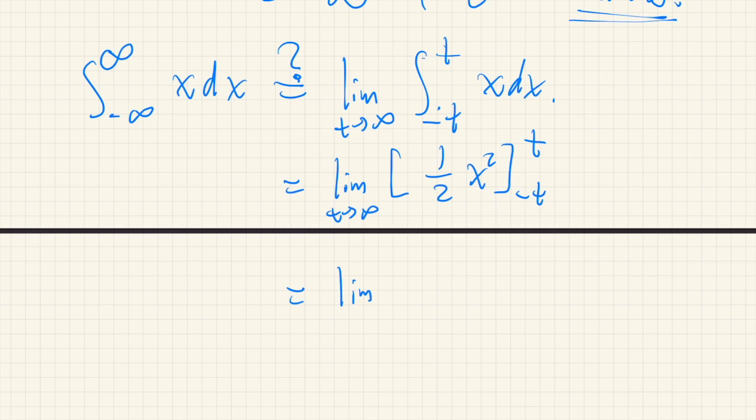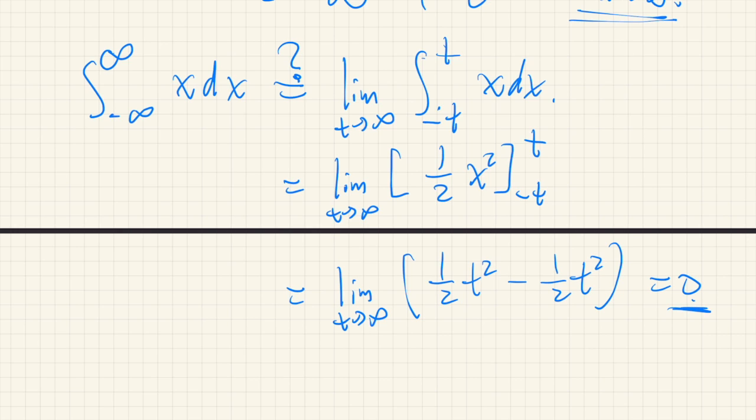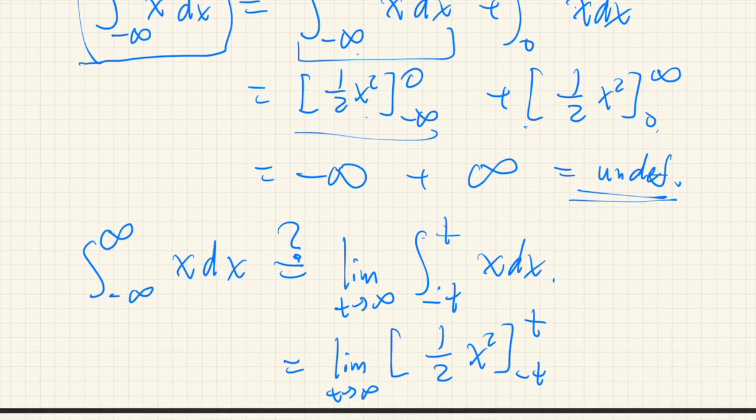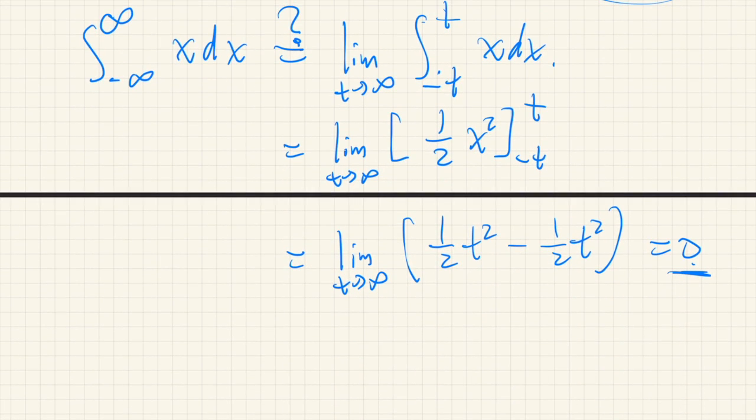So this is t squared over 2 minus negative t squared over 2, which is 0. So the result becomes 0, which is clearly different from the correct one. So this is actually wrong.